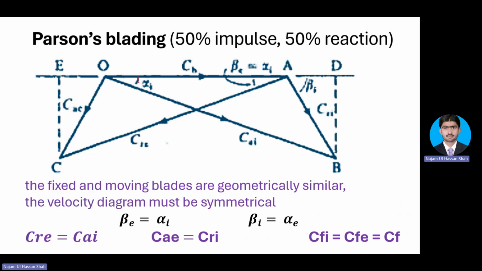That is this angle alpha I, which is the inlet angle for absolute velocity, or also nozzle angle, will be equal to the angle beta E. And this angle alpha E, exit angle of the absolute velocity, must also be equal to beta I.